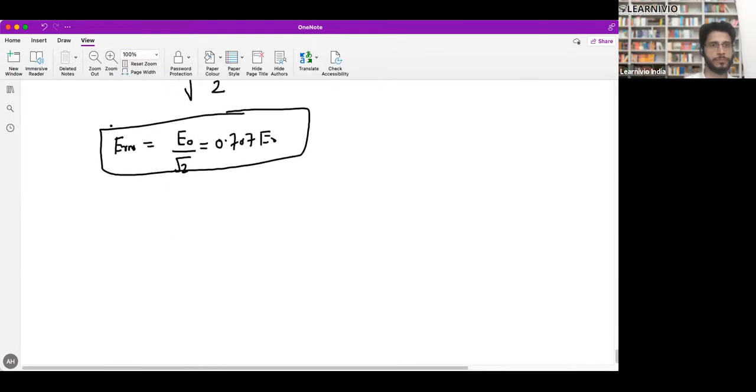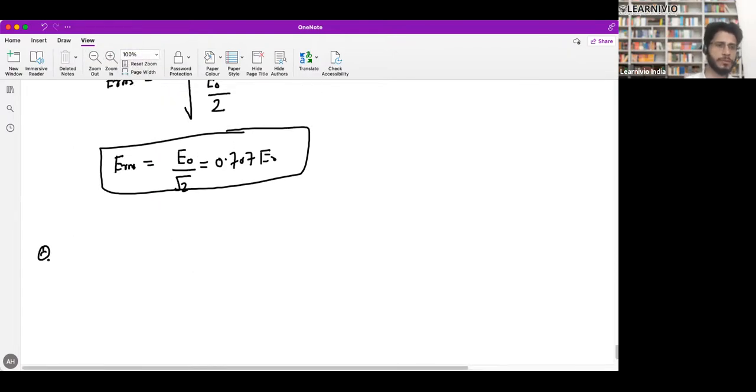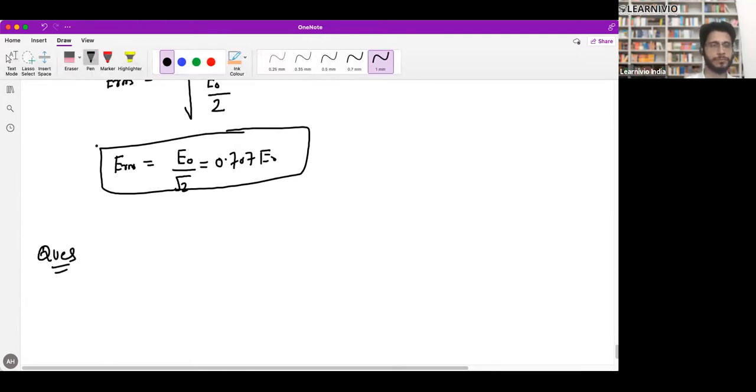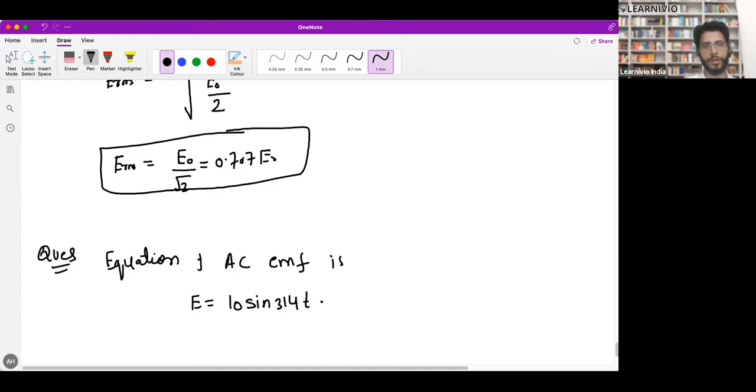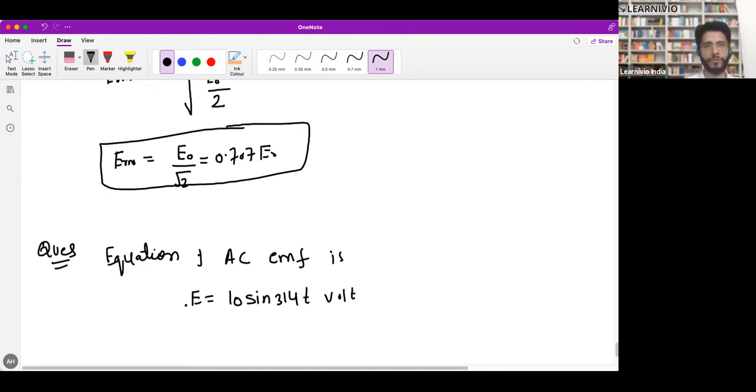Solve this question. It's a very straightforward formula-based question. The equation of AC EMF is E equals 10 sine 314 t volt. This is the equation of EMF.